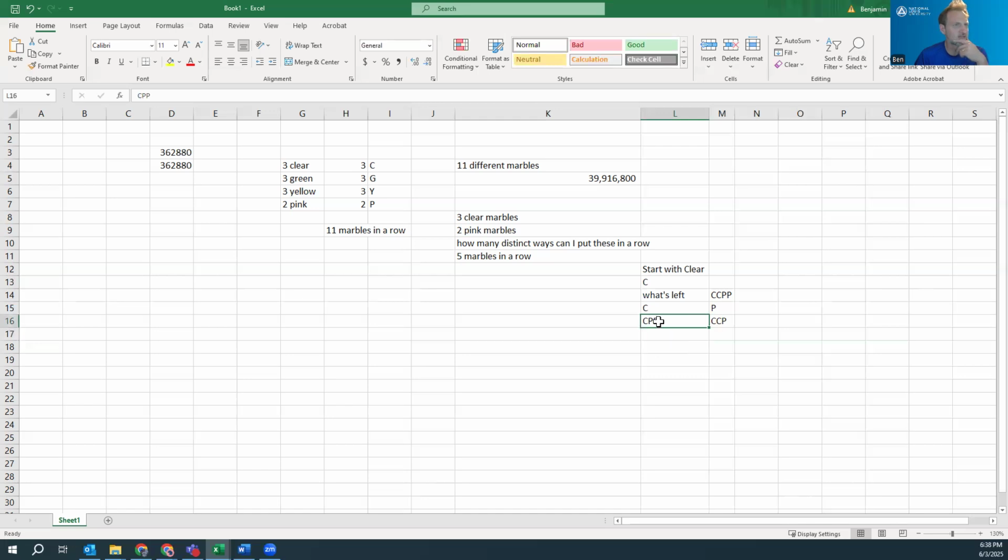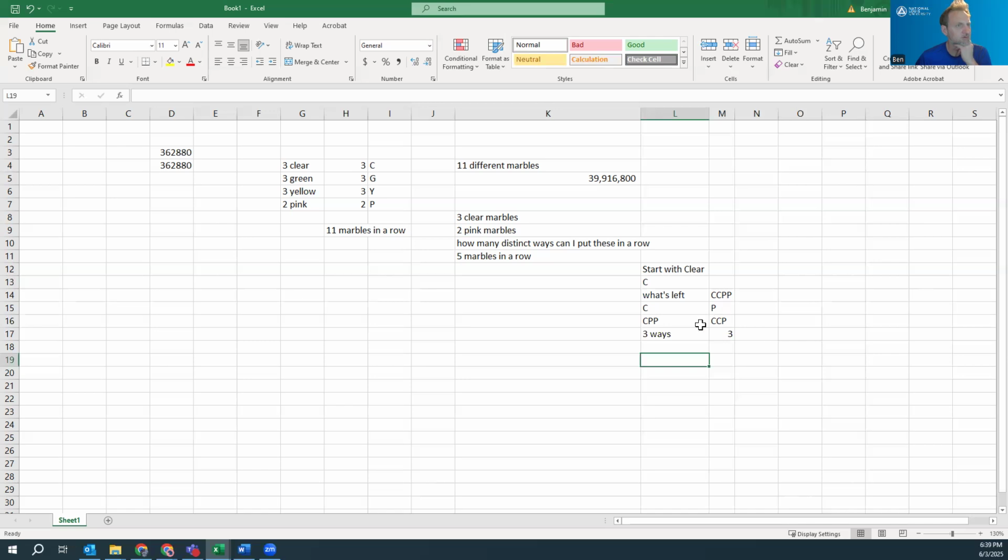Once I get to this situation, there's one. It's like, where does the C land? Gives me how many options are left. Okay, so let's just finish that. Then there are 3 ways to arrange that. There's 3 ways to arrange that.